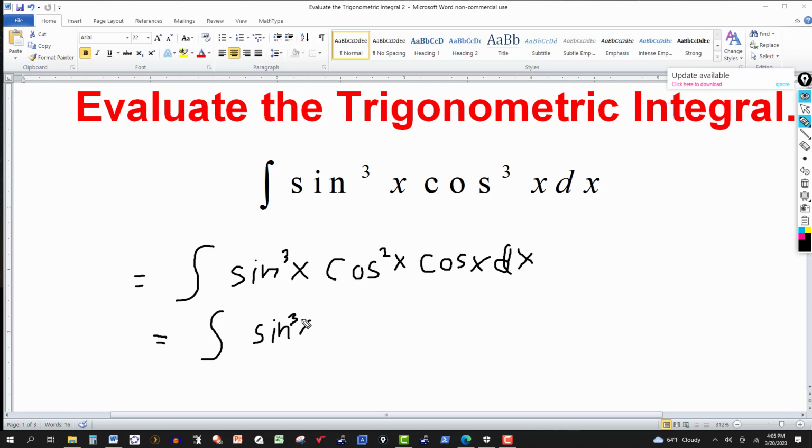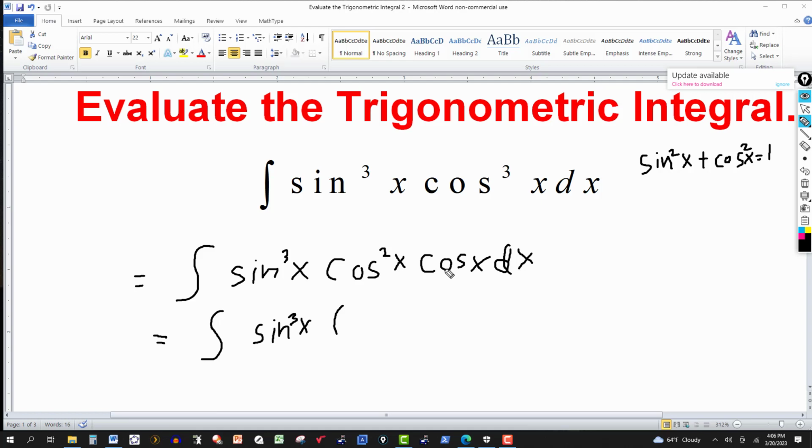So this will stay sine cube x, and again we've done this before in other videos. Cosine squared: we know that sine squared plus cosine squared of the same angle is always equal to 1. So sine squared of an angle, in this case x, plus cosine squared of the same angle equals 1.